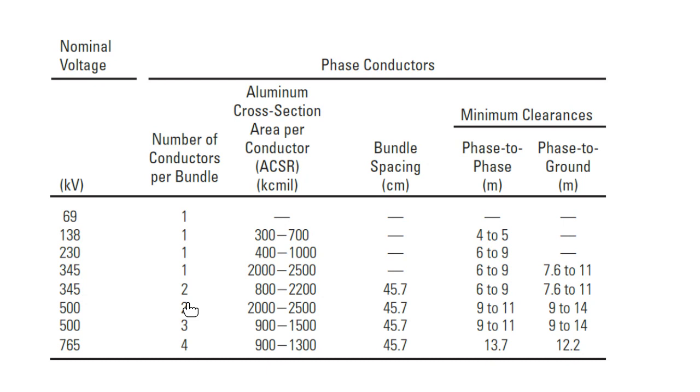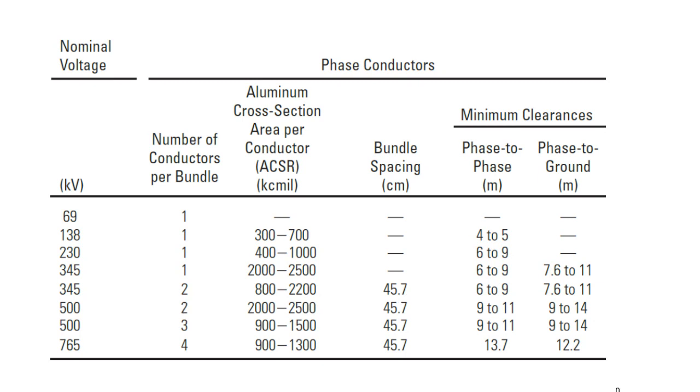Why do we have conductor bundles? To carry more power. You need to carry more power because of the current. When we say power, you relate it to current. High current. Why? Because power is voltage times current. Even though we increase the voltage, the current is still high. Therefore, we can have bundle conductors to carry more power.